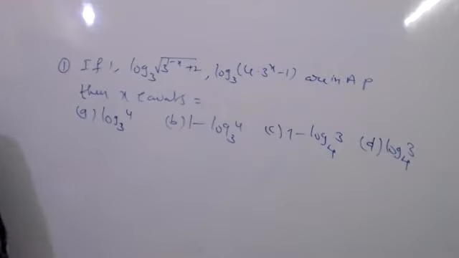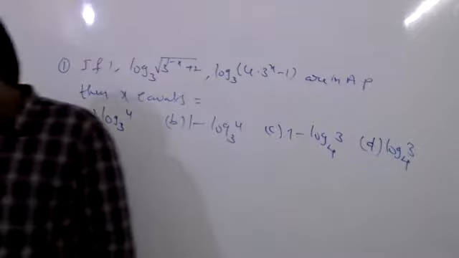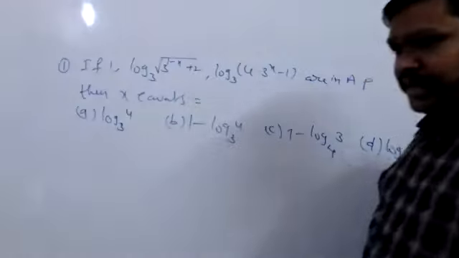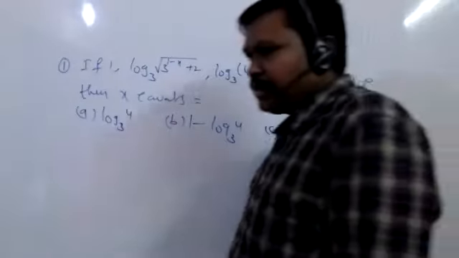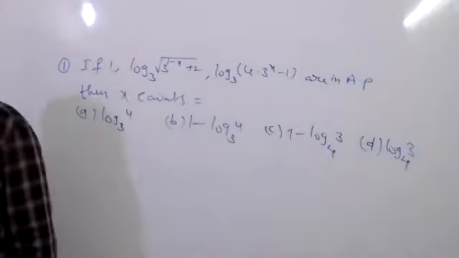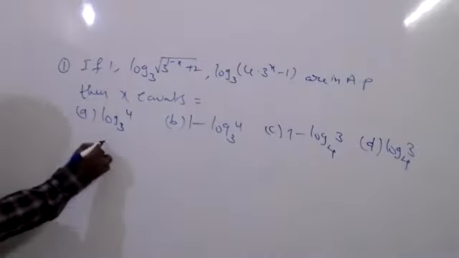If A comma B comma C are in AP, then 2B is equal to A plus C, right? Yes.